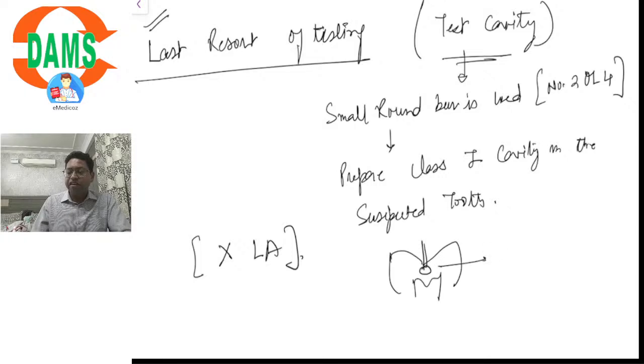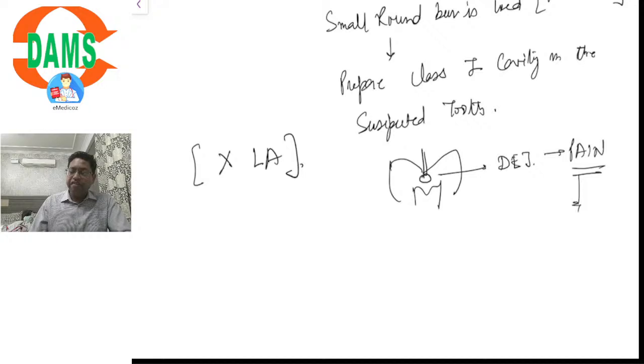And as we increase the depth, the moment the burr reaches the DEJ of a non-anesthetized tooth, which is also having viable pulpal nerve fibers, the patient would feel pain. And this pain indicates that the pulp is viable.